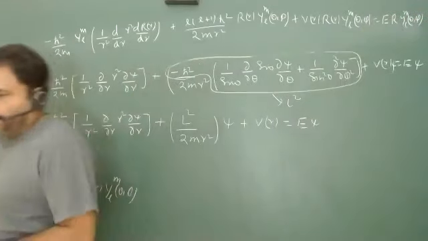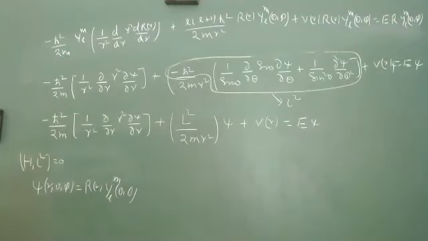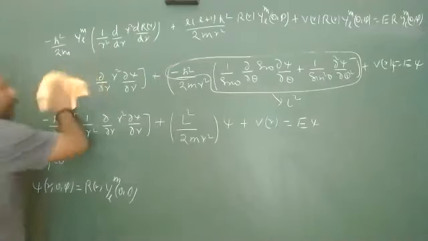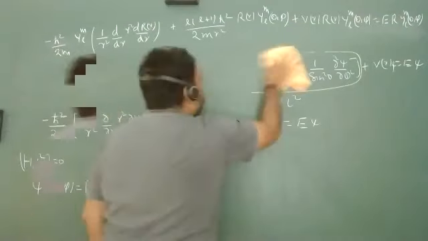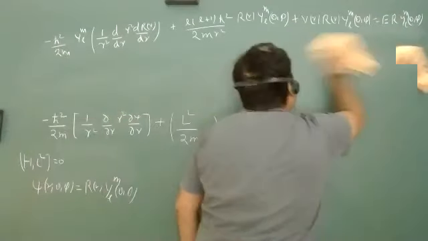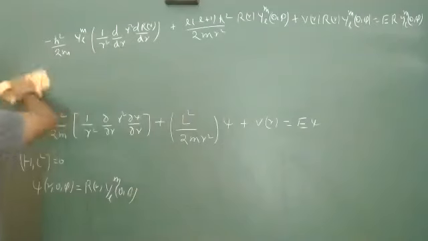So this is the thing. And now what we will do, we will equate the Y_lm on both sides, and we will get only the radial part equation. So I am removing this part also, and finally I will get the equation which is responsible for r.